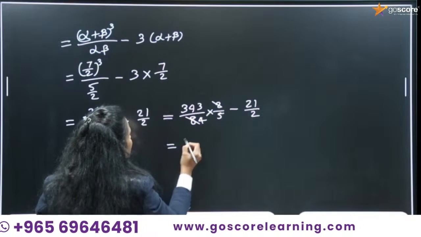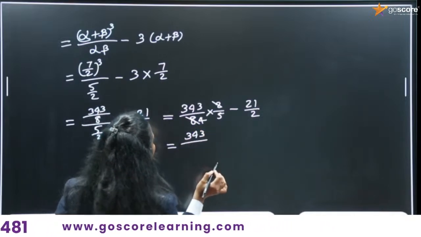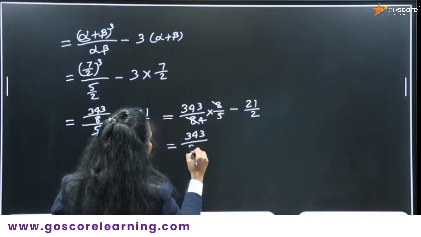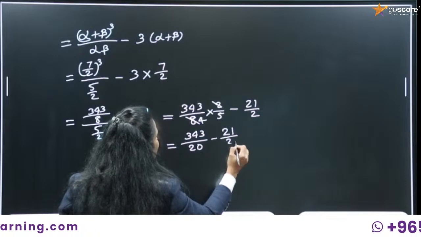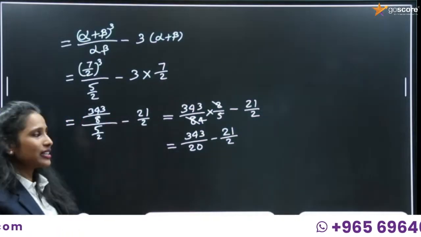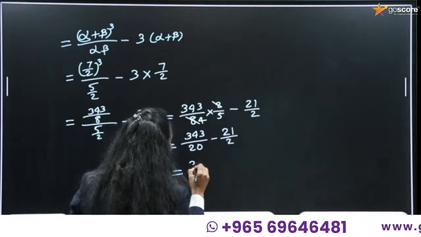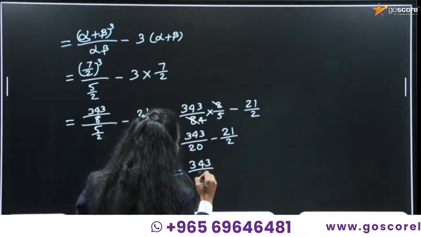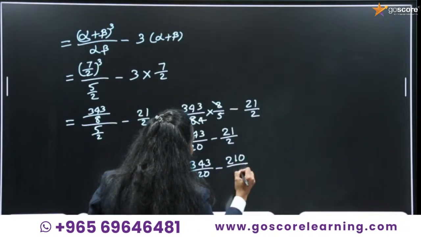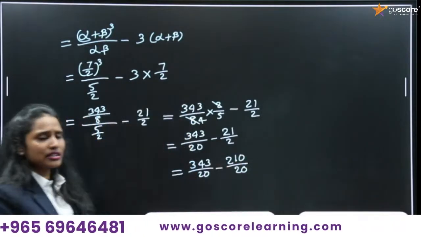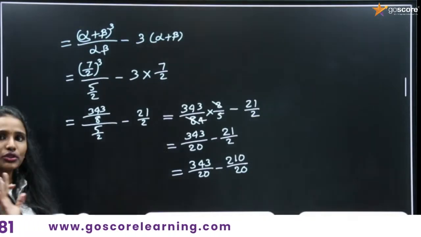So this one is 343 divided by 4 into 5 is 20 minus 21 by 2. If you want, you can cross multiply, but I like the simple method. So I'm going for 343 divided by 20 minus 210 divided by 20. That means the denominators are same, so I can simply subtract the numerators and put the denominator there.